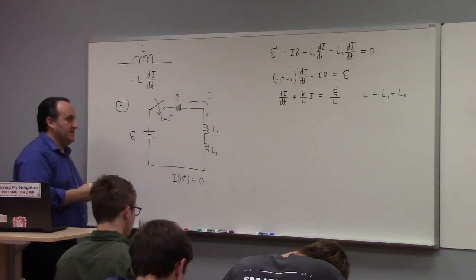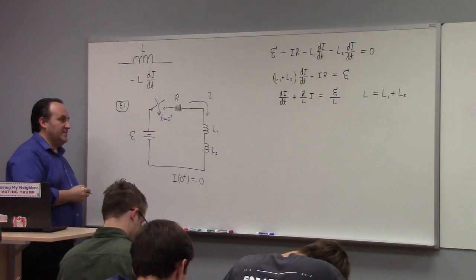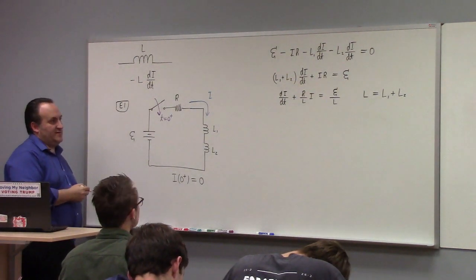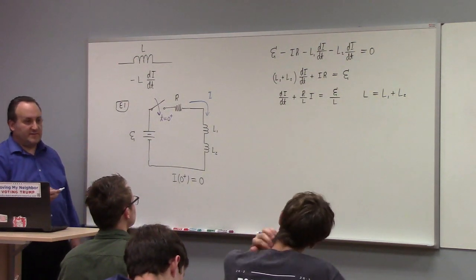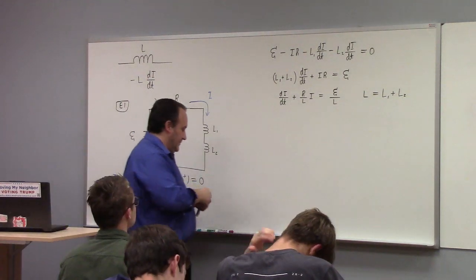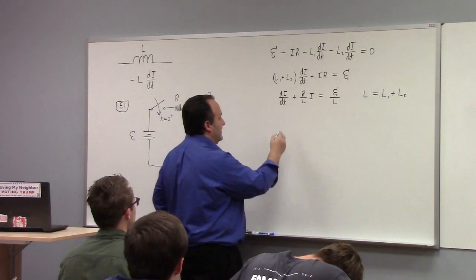At this point, you should have a strong sense of nostalgia because this is where we were last class. This is the differential equation we solved. As such, I will write the solution down.